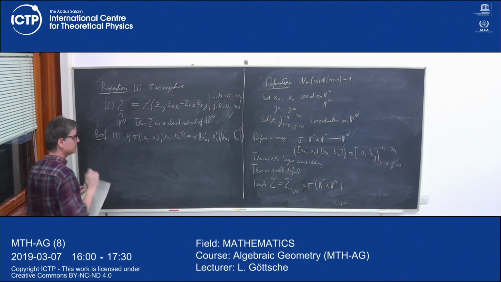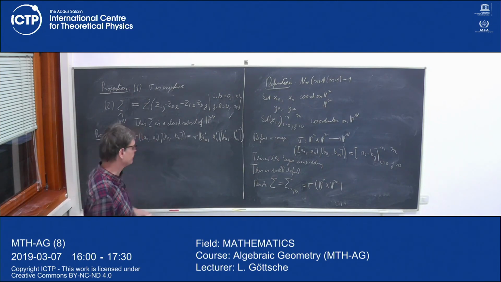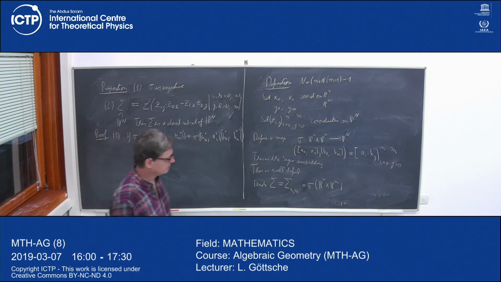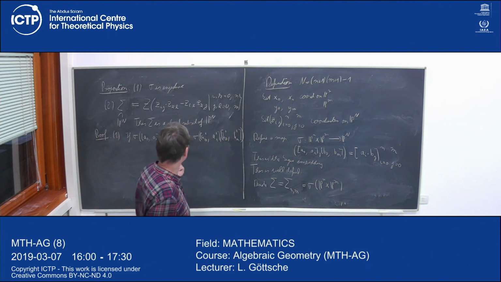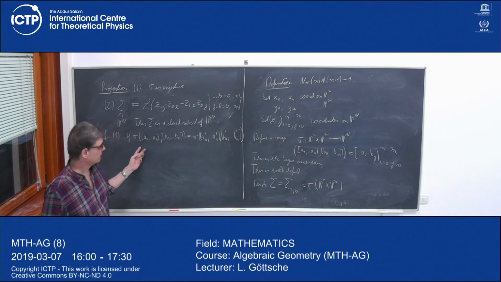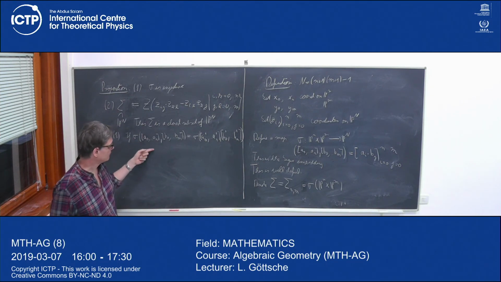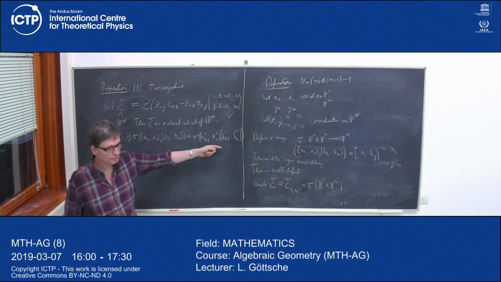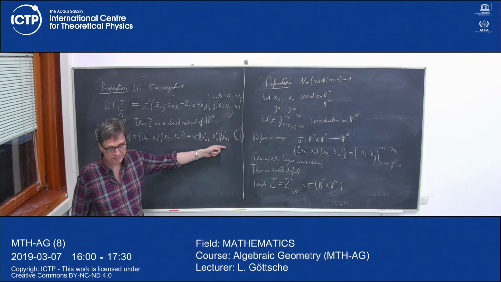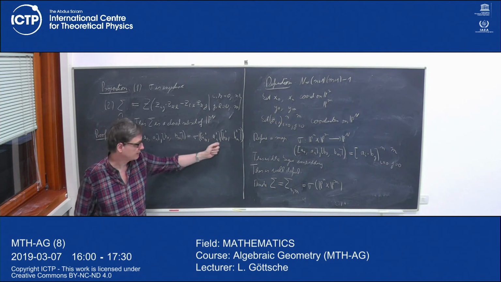So this must be the same point, so it means that up to multiplying by a constant, the vector given by all possible products of these must be equal to the vector given by all possible products of one here and one here.